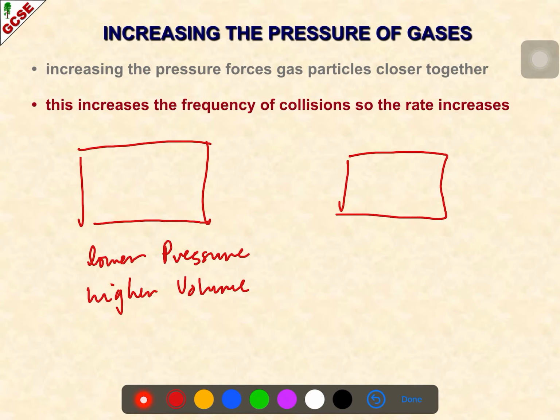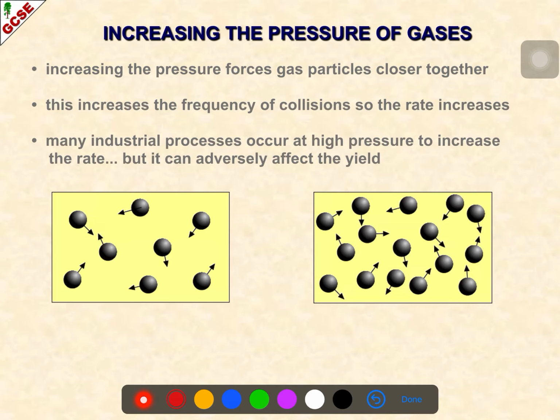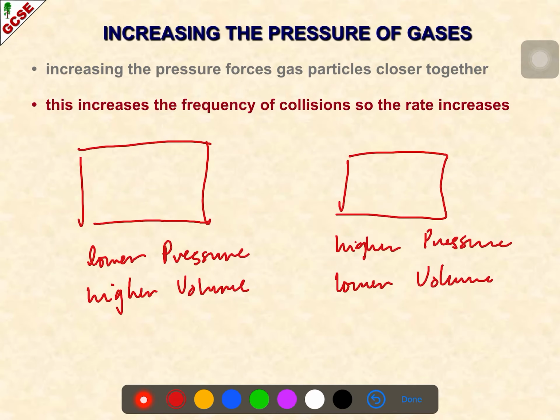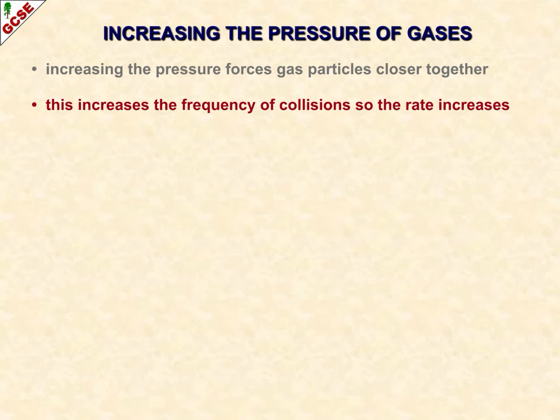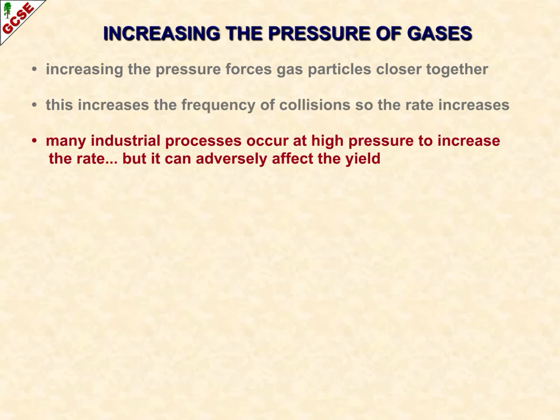Again, when you increase the pressure, you have to decrease the volume. So this one has a higher pressure, lower volume. Look at their sizes. Why do they do that?